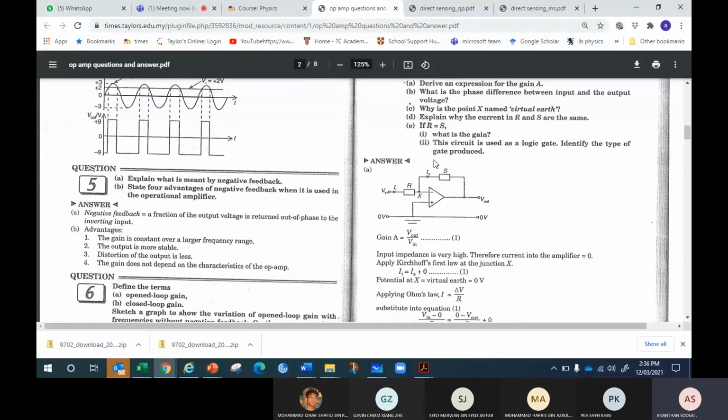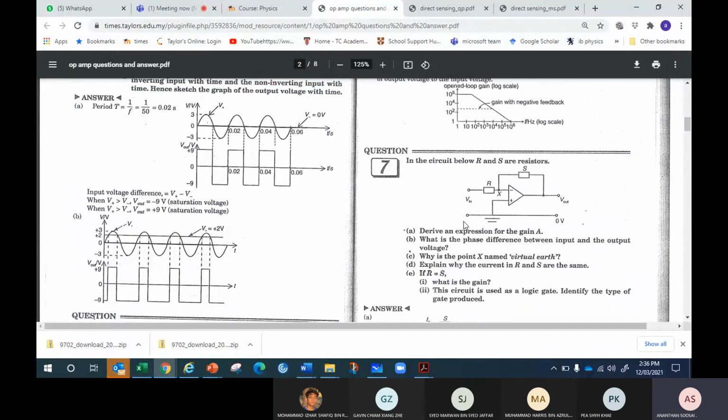Okay. Show more circuits. Number 7. What type of circuit is this? There is a feedback. Inverting, yes, good. The input is at negative, so it's inverting.